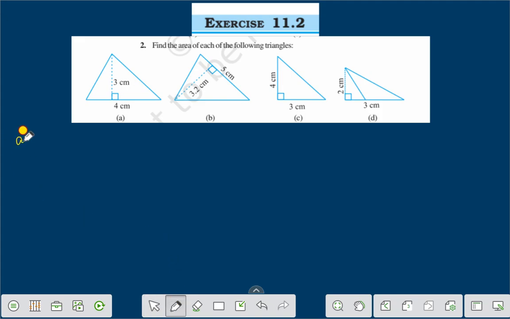We know that the area of a triangle is equal to half base into height.